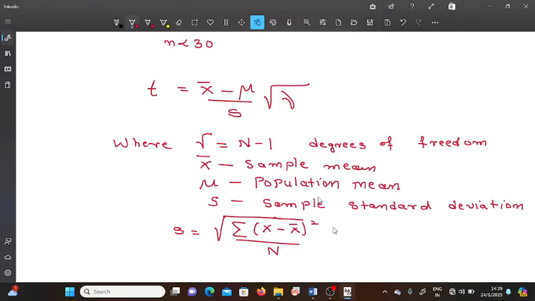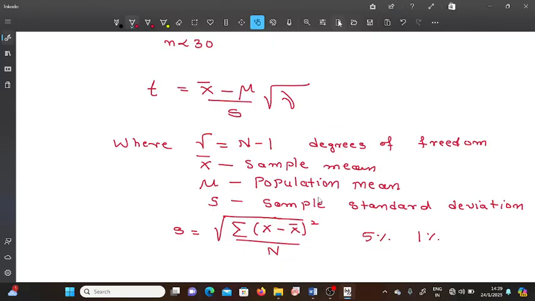And finally, with respect to the 5% level of significance or 1% level of significance, we are going to test the given hypothesis by using the t-test.